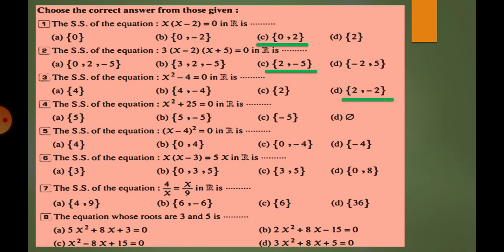Refused. x² only equals a positive number; x² can't equal a negative. So the solution set equals φ. It means we can't find any number that satisfies the equation x² + 25 = 0. So the solution set is φ.